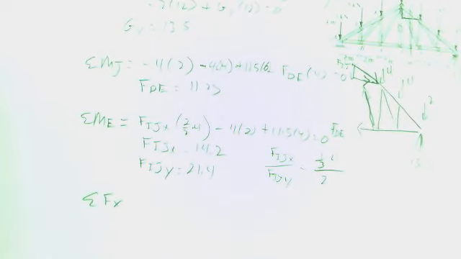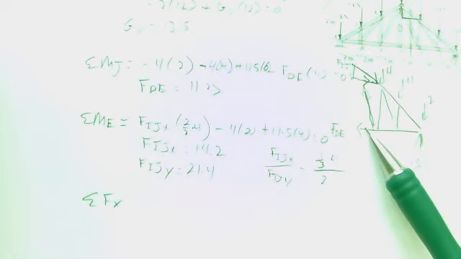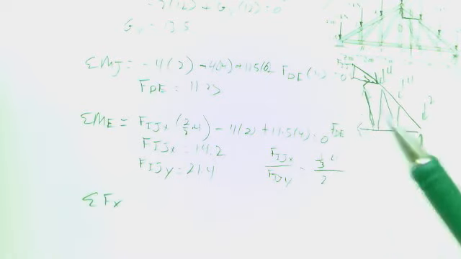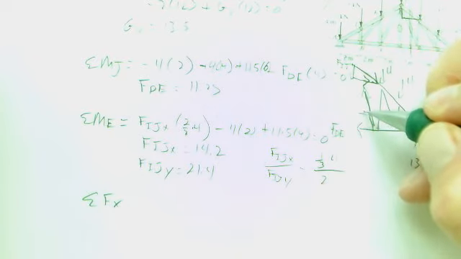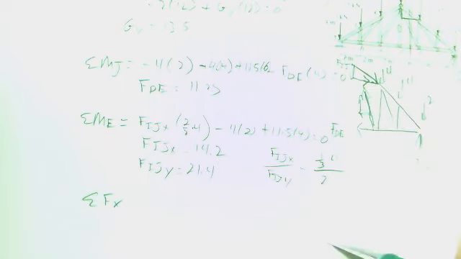Last, I'm going to solve the forces in the x direction. If I sum the forces in the x direction, I've got the horizontal of this force, the horizontal of that force, FIJ in the x.